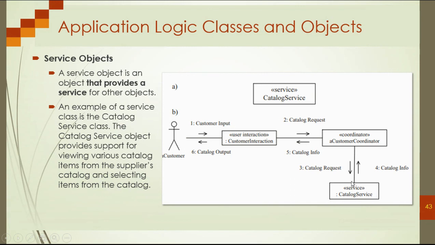As we see here, in this service there may be some algorithm or methods that have been used to generate this service. The catalog here provides support for different items. So in this service, maybe there is some searching or other application logic done here, and then it is sent back to the user.